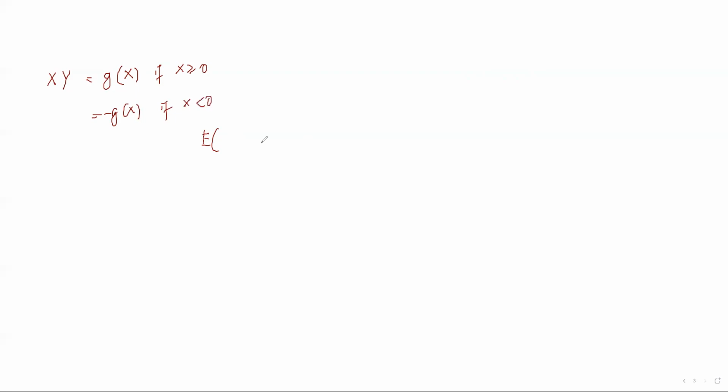Then this will be g(x) times probability x greater than or equal to 0 plus expectation of minus g(x) times probability x less than 0.